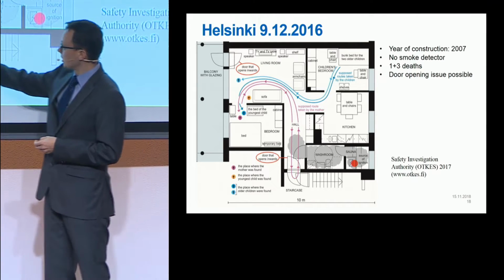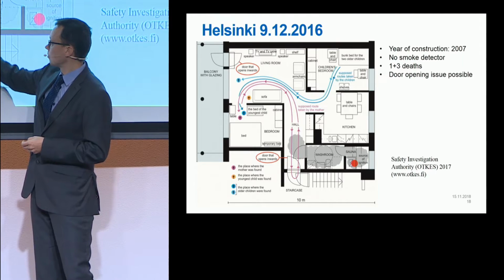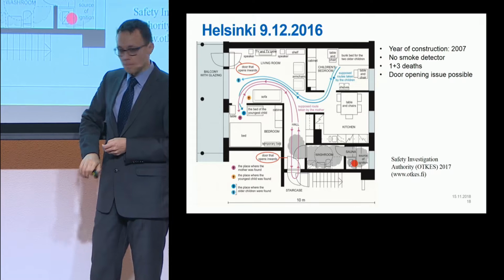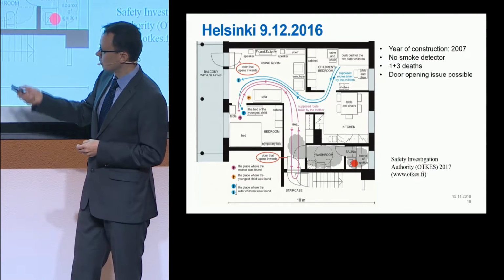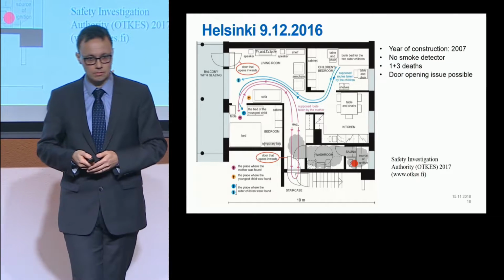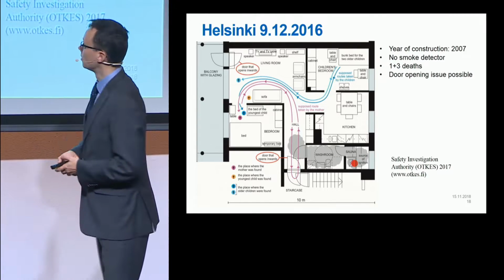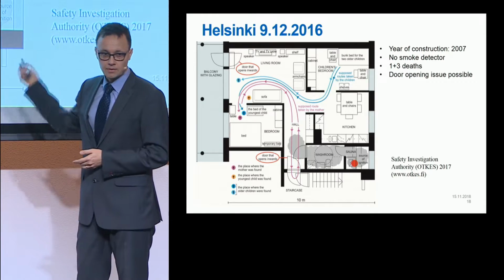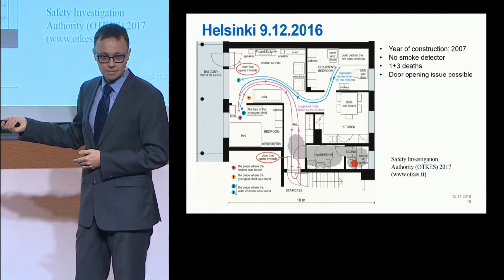We know that she has opened the door, an inwards opening door. She has entered the staircase. Then, for a reason or another, she has returned, and the reason is that there were the three children. The mother and the children never escaped the apartment.